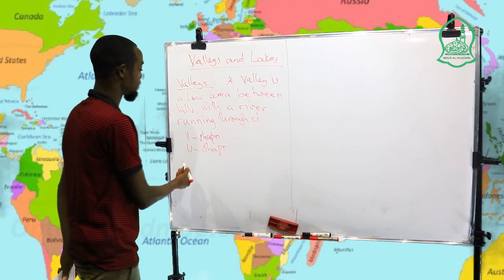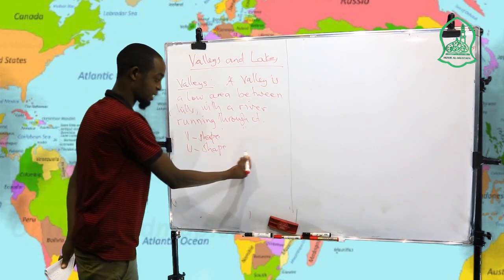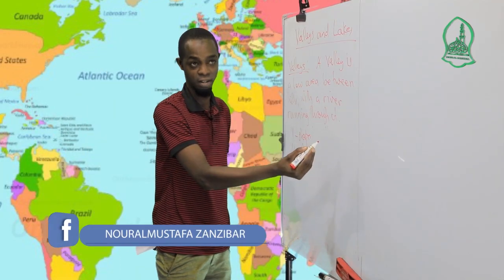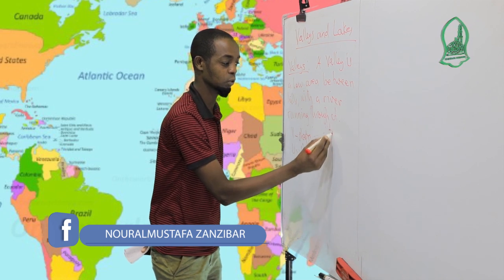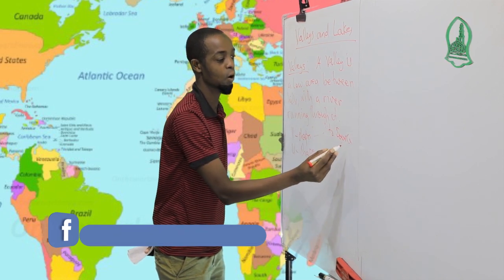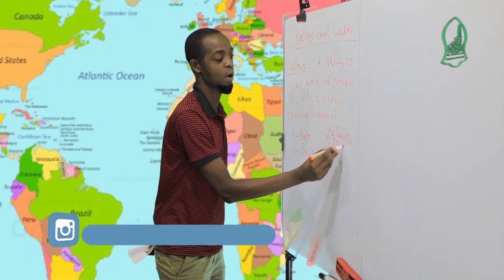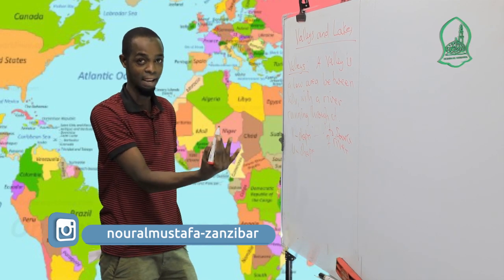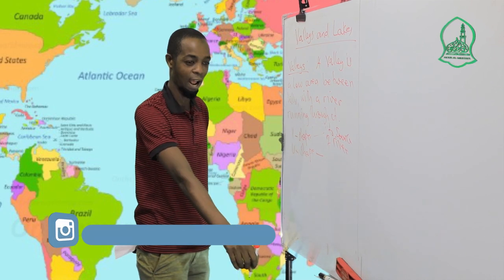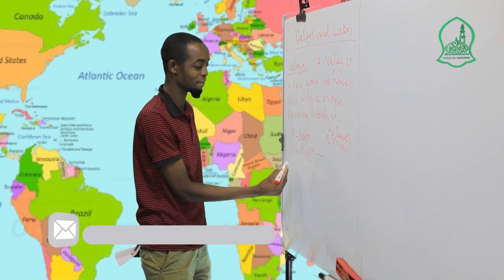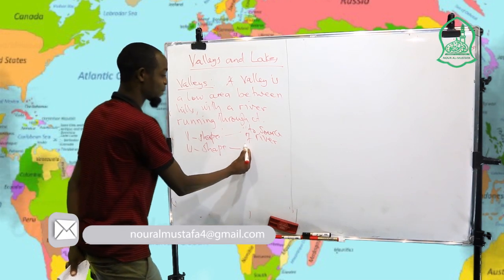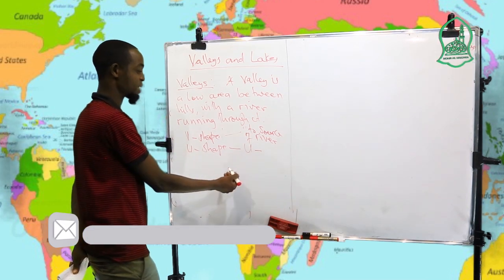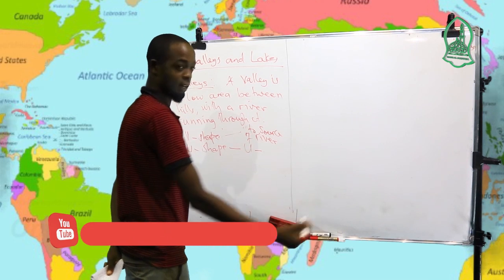The V shape always occurs at the source of the river, where the valley looks like a V. As you go down, you can see the structure change and look like a U, in the middle of the river and in the lower areas.